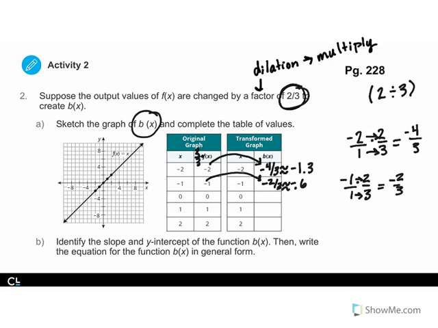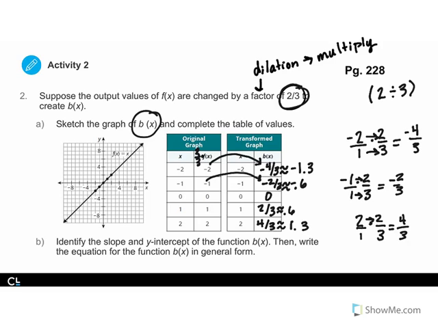Then we've got 0 times 2/3, that's just 0. 1 times 2/3 is just 2/3, which is approximately 0.6. And 2 times 2/3, we have 2 times 2, which is 4, 1 times 3, which is 3. So just 4/3, which if you put that in your calculator, is approximately 1.3.